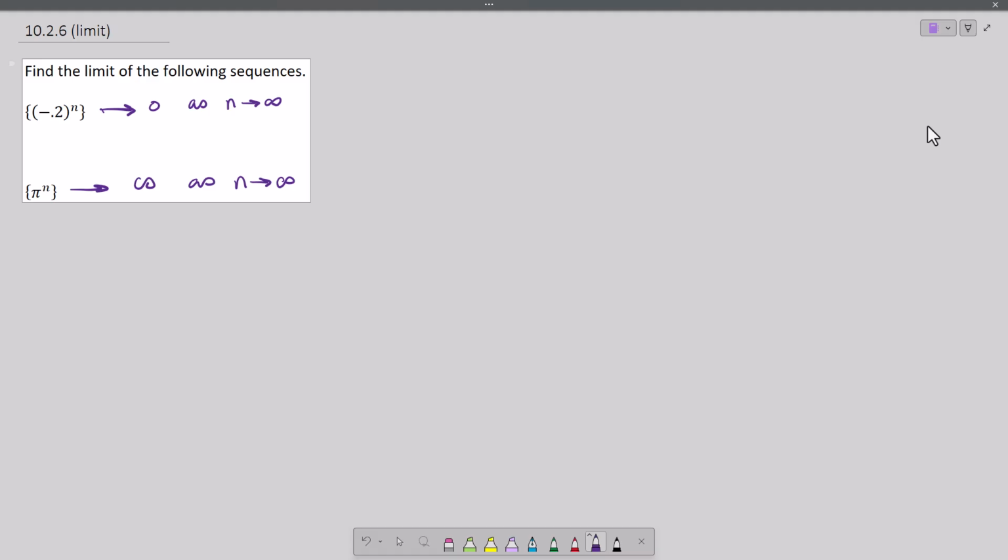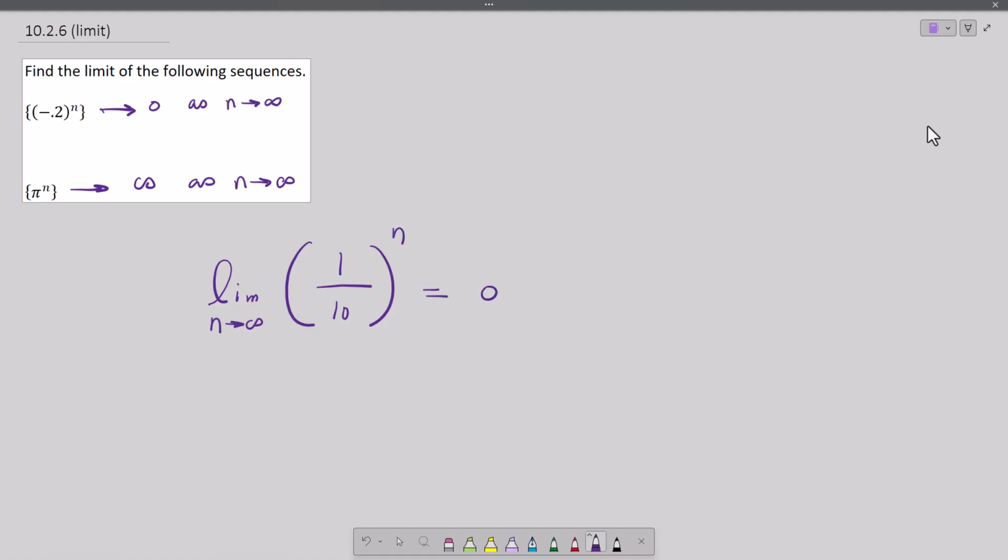Depends on what the constant is. So if the constant that's raised to infinity is less than 1, like if you take something like 1/10 and you raise that to n and then take the limit as n goes to infinity, the approach is the same, that's going to go to 0.